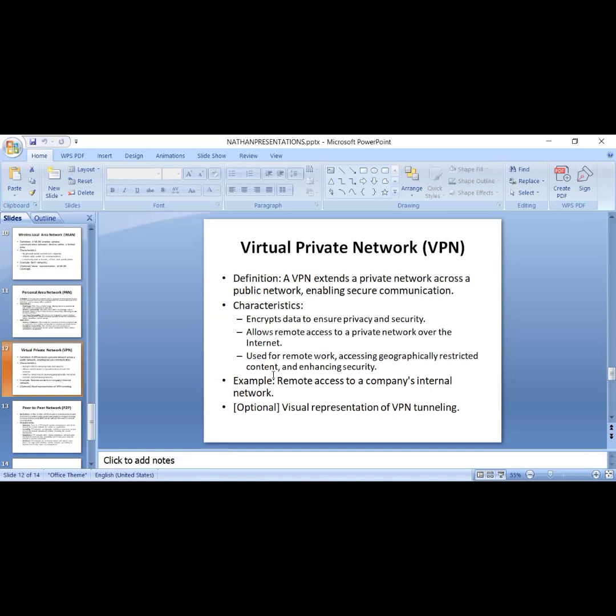A good example is remote access to a company's internal network.